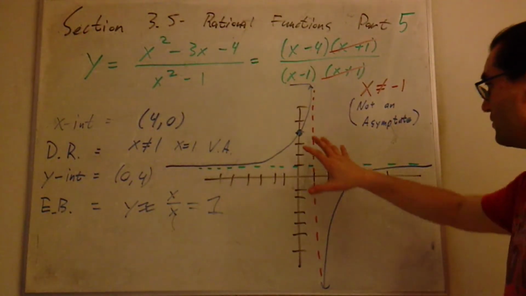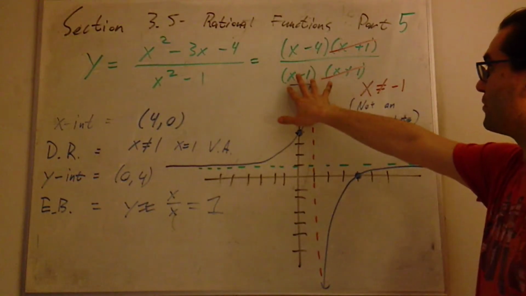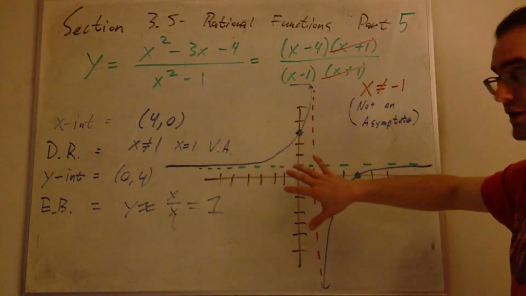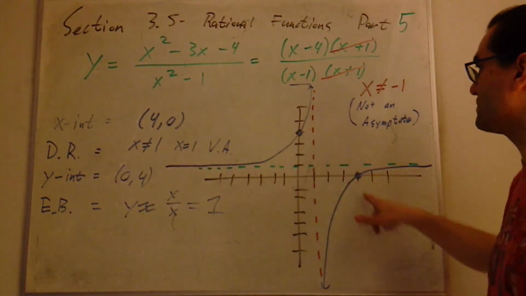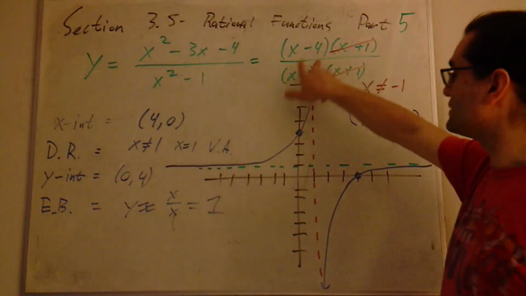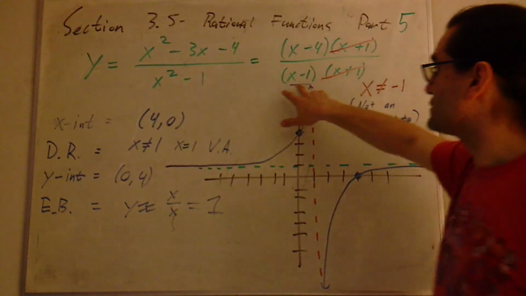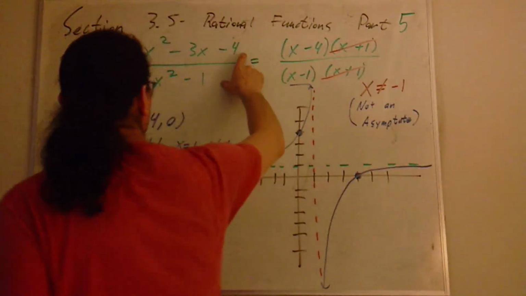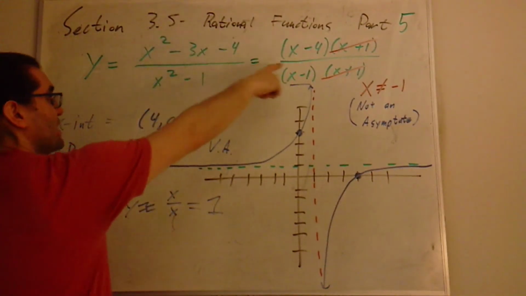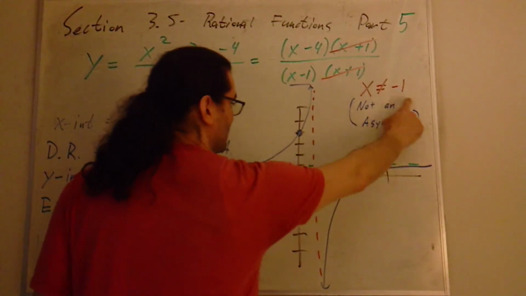So this is what the graph of x minus 4 over x minus 1 looks like. We got the intercepts, we got the asymptotes. x minus 4 over x minus 1 is not the function we started with. The function we started with was this one, which is the same as x minus 4 over x minus 1, except that x cannot equal negative 1.